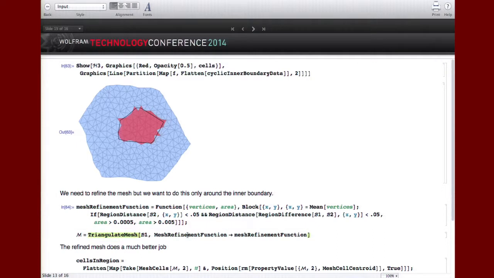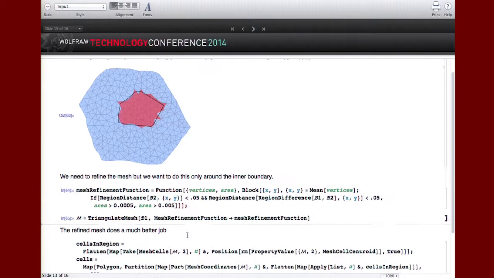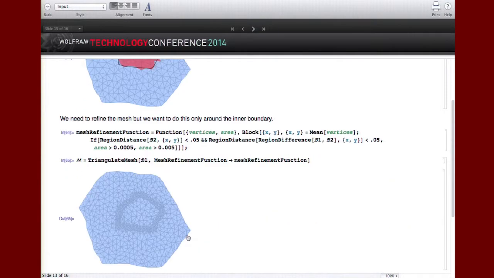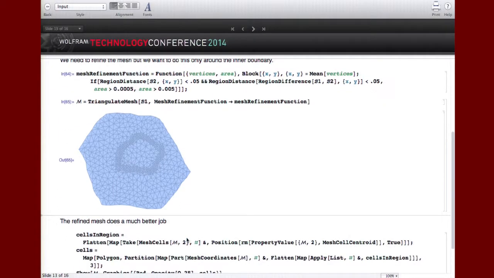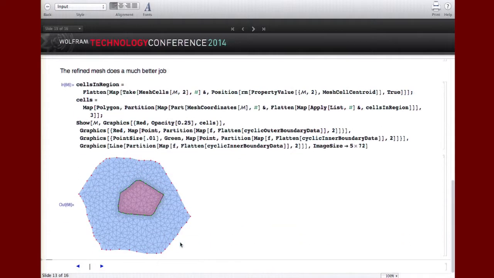And so then we'll triangulate the mesh again. And right here you see we've got a much denser mesh in here. We haven't done anything out here. The refined mesh does a much better job. So here we have the boundary points that I extracted from the picture, shown in green and red.